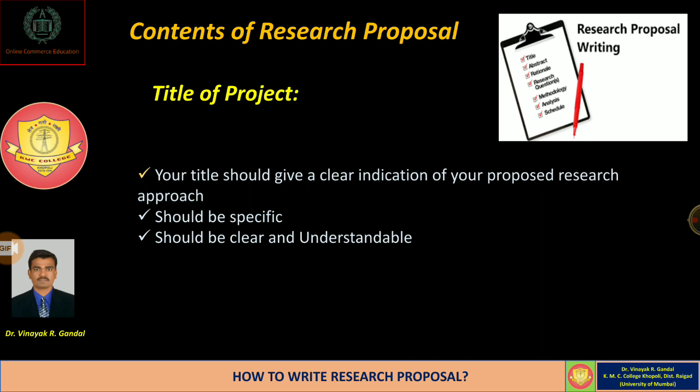So each learner needs to write a suitable title for the project, and that must be related to the objectives of the study. Means the learner is required to consider their research objectives while deciding the title of the project. So this is the first content and that is a must from our point of view.